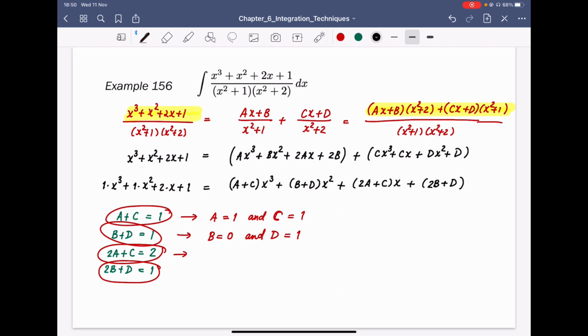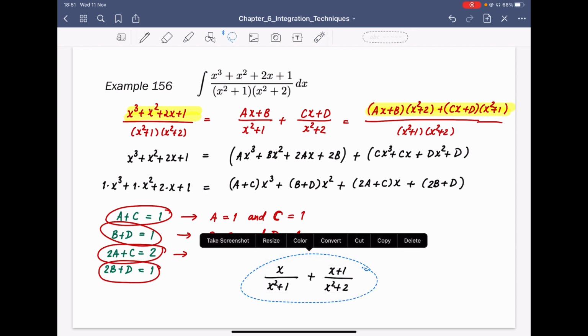Your decomposition is going to be x over x squared plus 1, because you plug in a equal to 1 and b equal to 0, plus x plus 1 over x squared plus 2. All right, that is the second term. So we're going to use this to be our integrand on the next page.